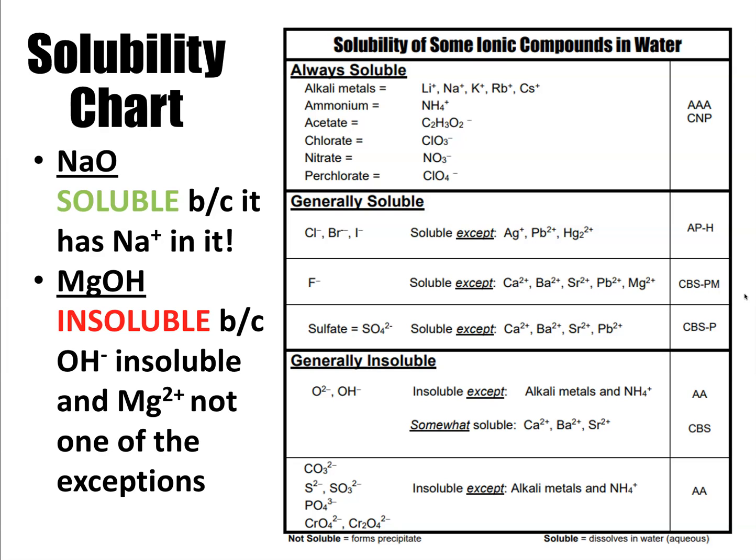Well, it's insoluble. Hydroxides are generally insoluble, except when they're bonded to an alkali metal or ammonium. Well, magnesium is not an alkali metal or ammonium. Therefore, this compound is insoluble. Any questions on using this chart?